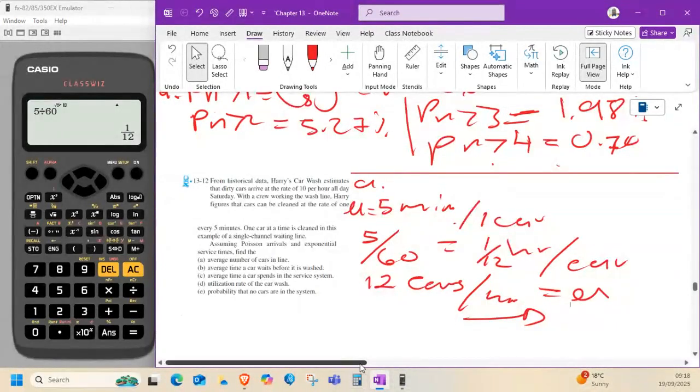The number one: average number of cars in the line, average time of cars before it is washed, average time a car spent in the service. You see now the difference.